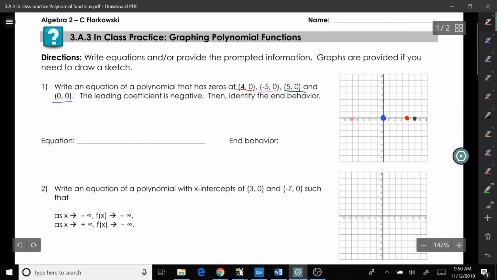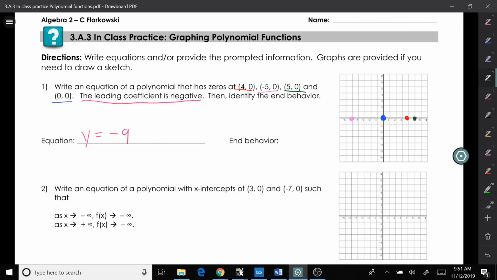And we are told the leading coefficient is negative. But when I write my equation, y equals, I'm going to have a negative in the front. You can have any negative number you want. Let's go with 9. Now we have our 4 zeros, or x-intercepts here.